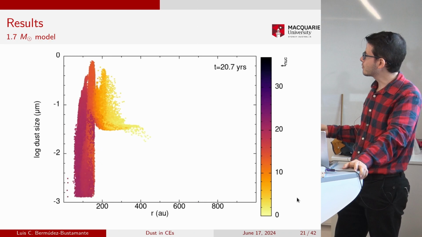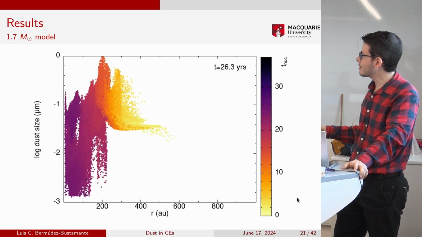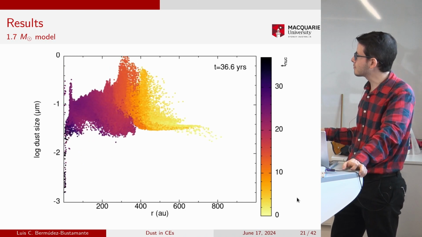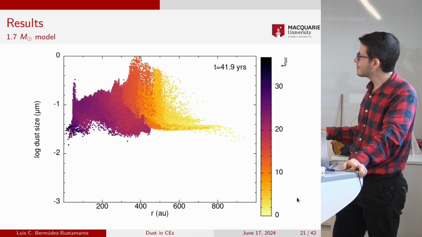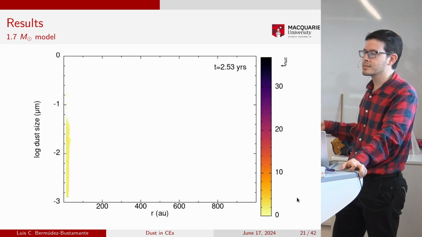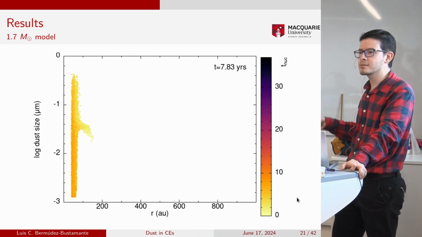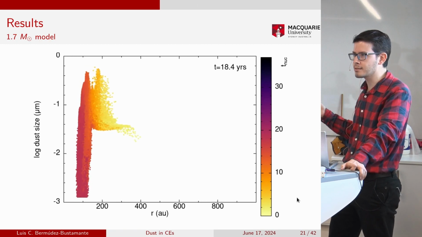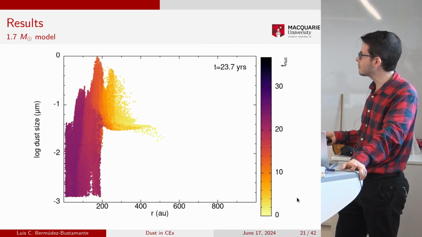You see that the dust particles can have up to 1 micron in radius. But this size distribution is not constant. The size of the dust particles is going to change based on complex hydrodynamical interactions in the simulation.